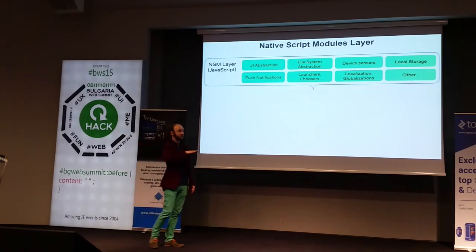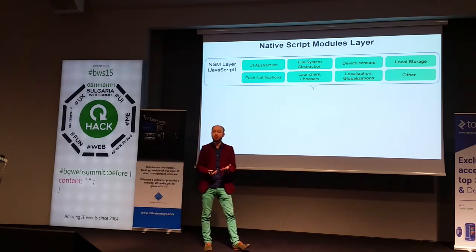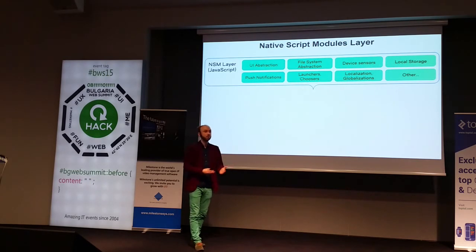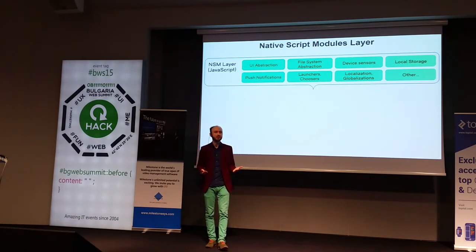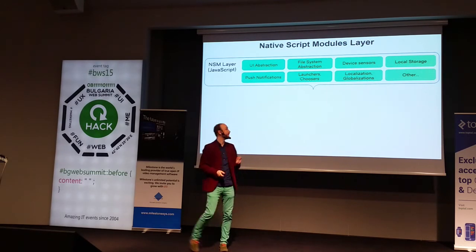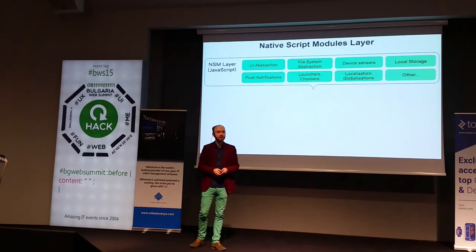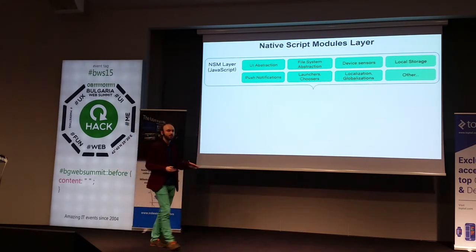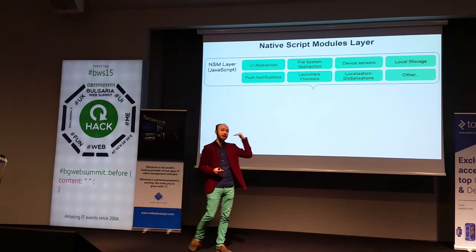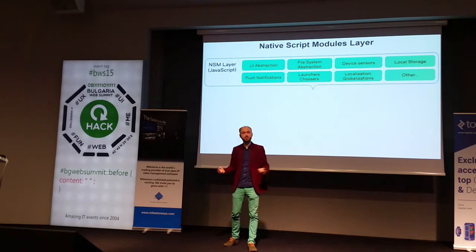But that's just the core foundation of how NativeScript works. Obviously, using JavaScript to call each of the native APIs is not an answer, because then you still end up writing the code three times. That's why we have this thing called the NativeScript modules layer, or NSM layer. The NSM layer allows you to write your code once on a higher abstraction layer, and this translates it for you.